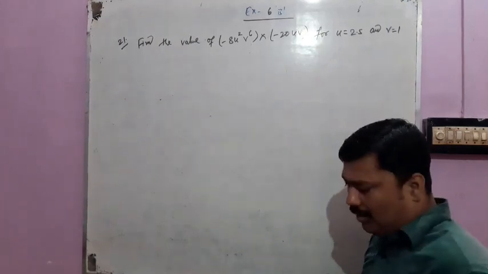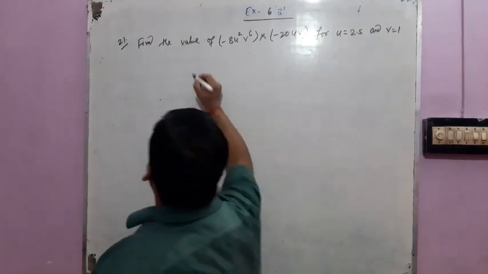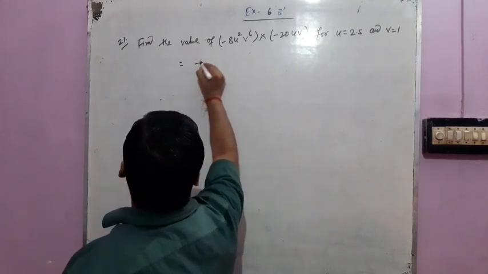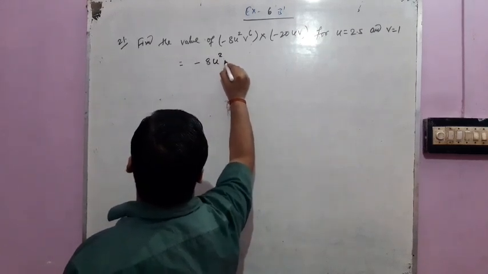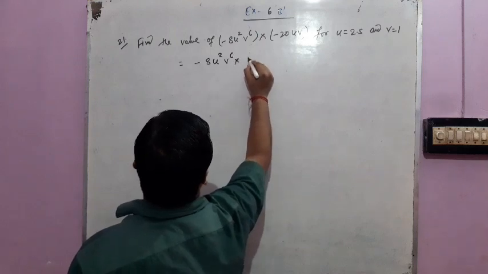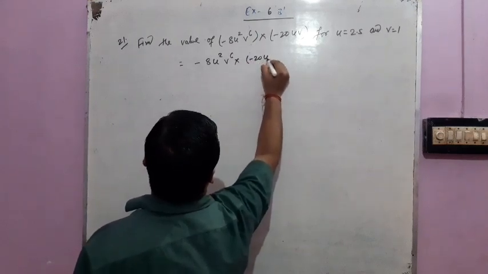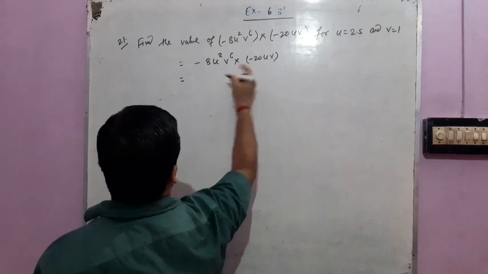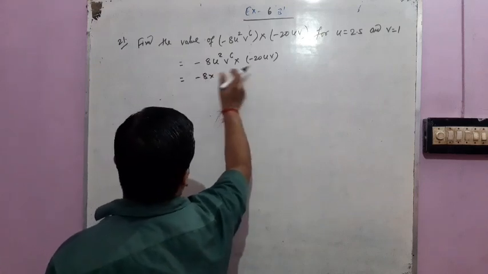Okay students, this one we have to solve here. Now students, what do we have to multiply? We have to multiply minus 8 u square v to the power 6 into minus 20 uv. First we will multiply the constant terms of this algebraic expression.